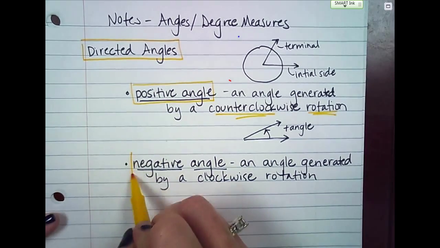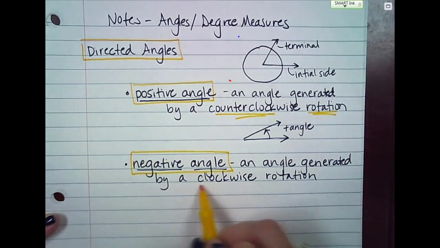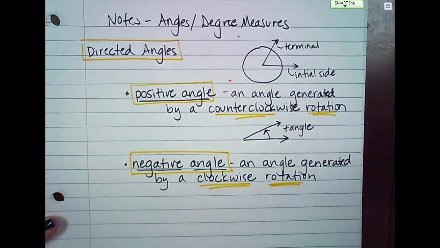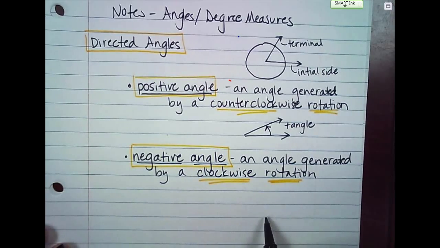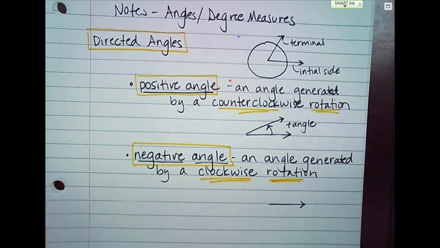We usually associate them the other direction, but why would math want to be normal? Okay, so watch me build it so that you can see it. If I start here on the x-axis, watch my arrow. Instead of my angle opening up this way to be positive, we're going to count around the other direction. So we're going to count down. So my angle opens up negative. It's a negative angle.